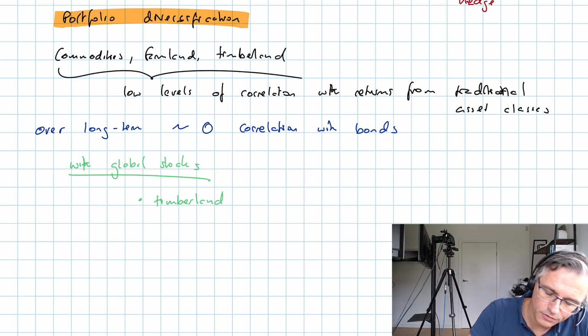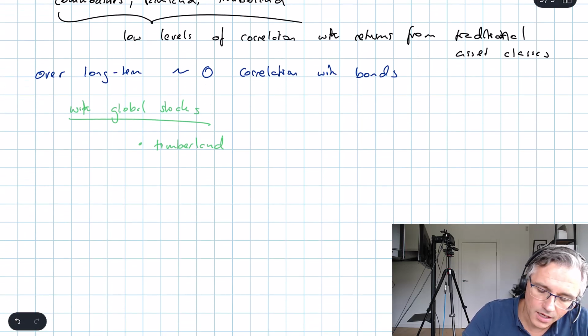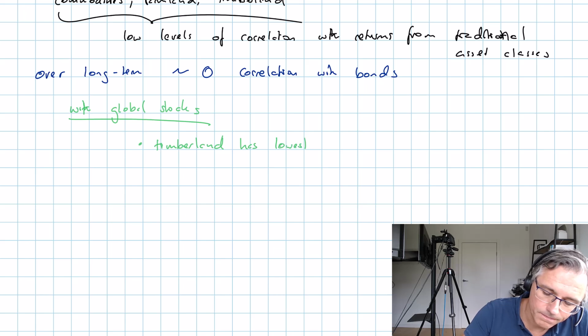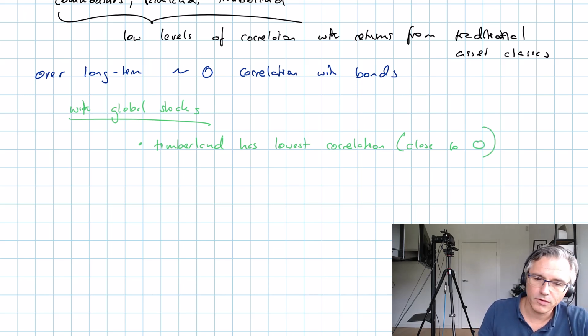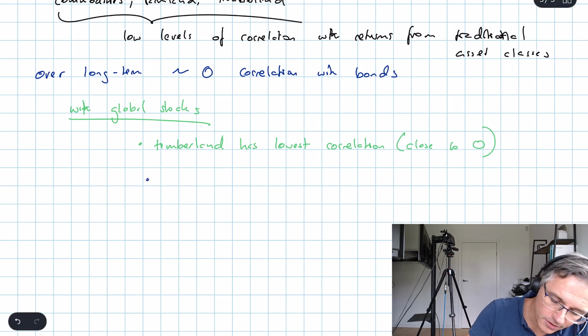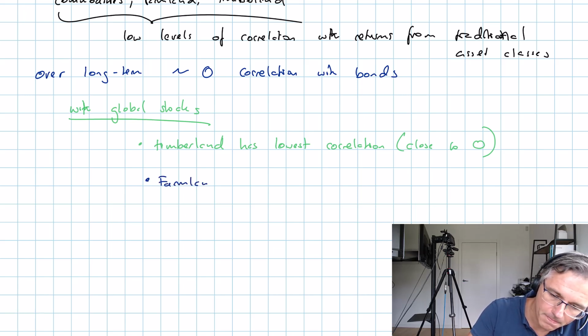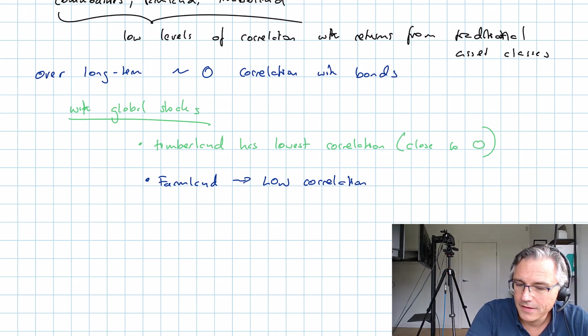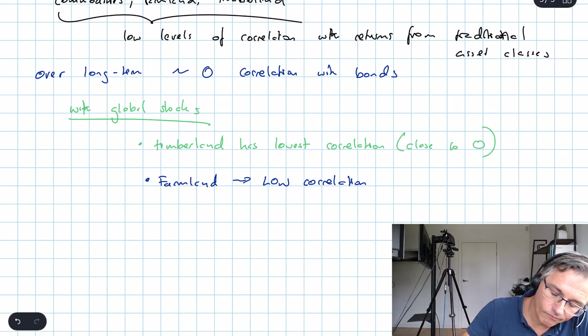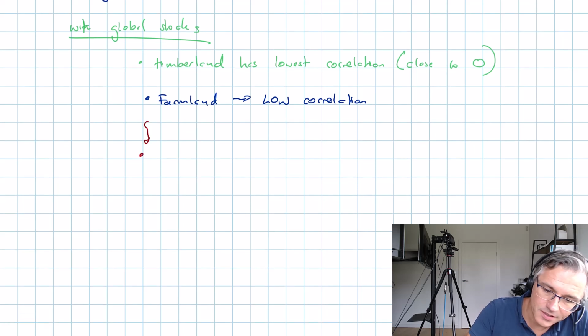Timberland, your curriculum claims, has the lowest correlation with global stocks, close to 0, just like with bonds. Farmland comes next. It has low, but not the lowest, level of correlation. And then the highest of these is exhibited by commodities.